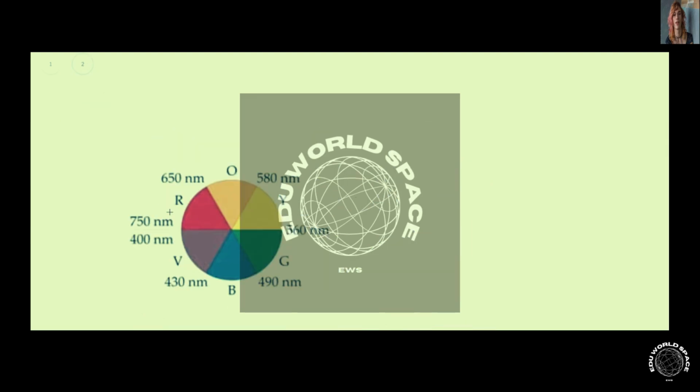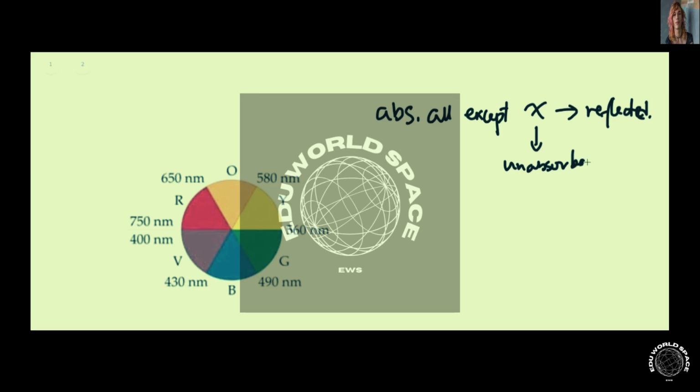Here's the color wheel, and we know from before that when a complex absorbs all the visible light except one color X, then this color X is reflected back, and thus this is the unabsorbed color of the complex, and this is what we see.